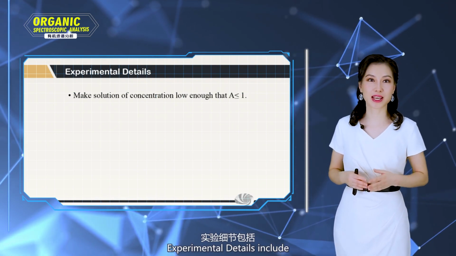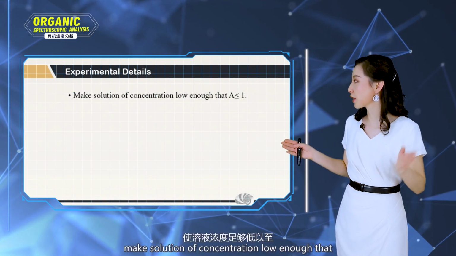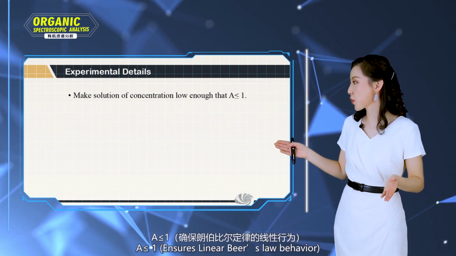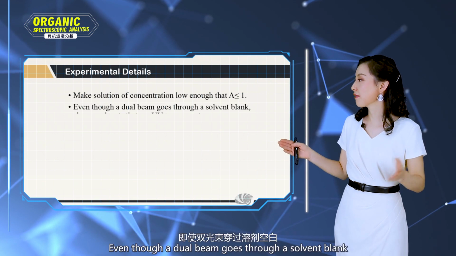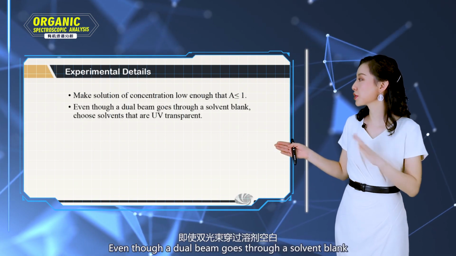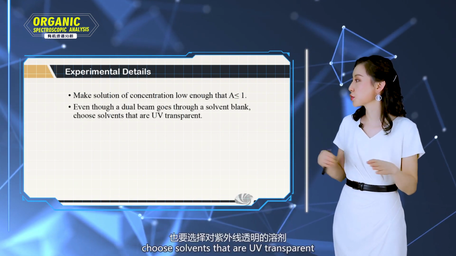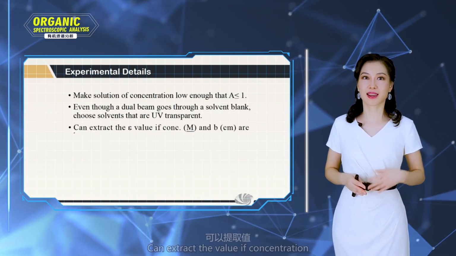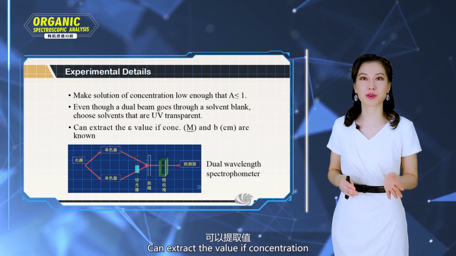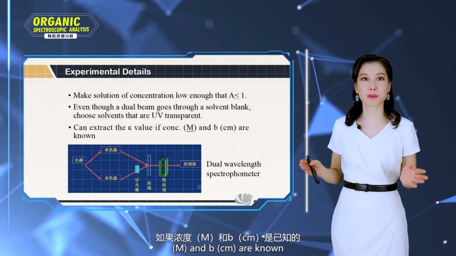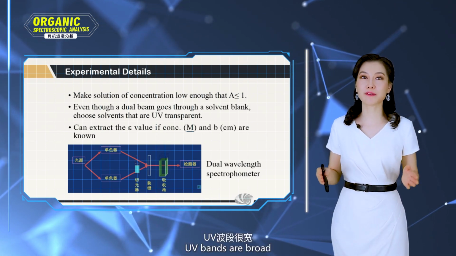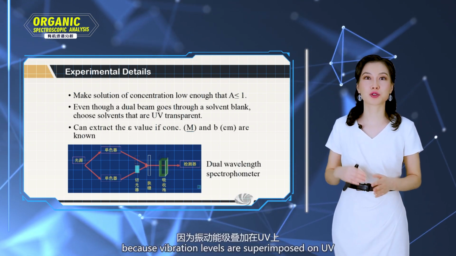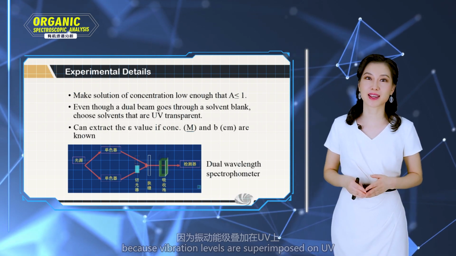Experimental details include making a solution of concentration low enough that A is smaller than or equal to 1. Even though a dual beam goes through a solvent blank, choose solvents that are UV transparent. You can extract the epsilon value if the concentration of the molecule and b are known. UV bands are broad because vibrational levels are superimposed on the electronic transitions.